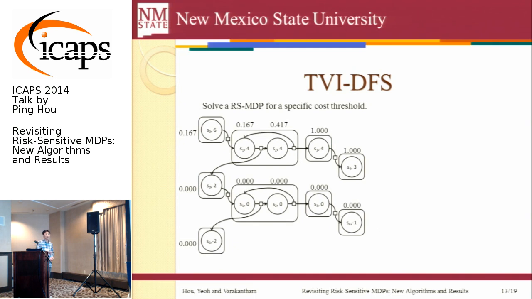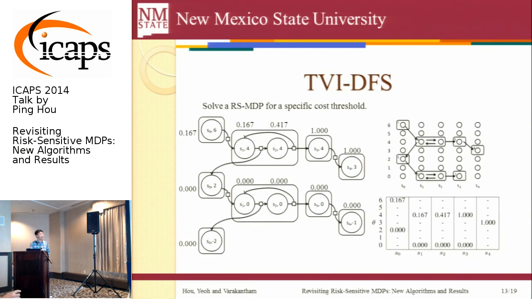So this is actually the same as applying a depth first search on the SCC tree, the DAG, and you can even use some branch and bound strategy to cut some branches. And if you only allow positive cost, then all the SCCs reduce to just one single augmented state, and the algorithm will be DFS directly.